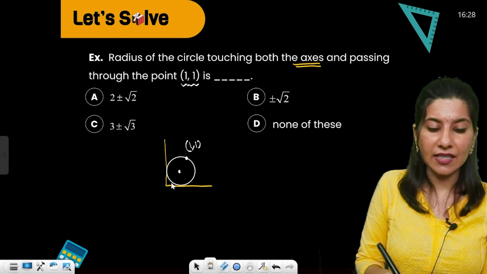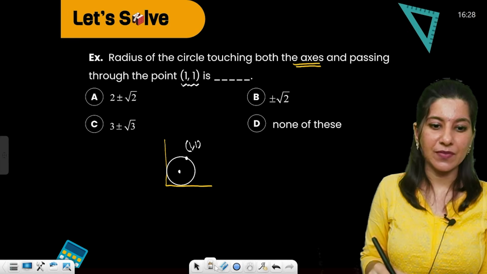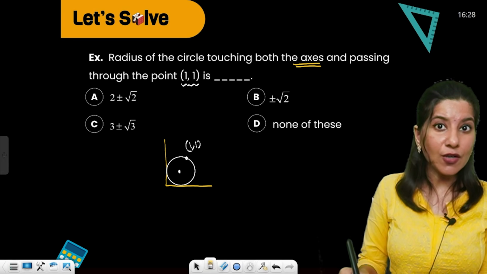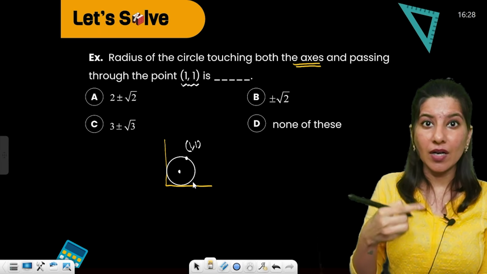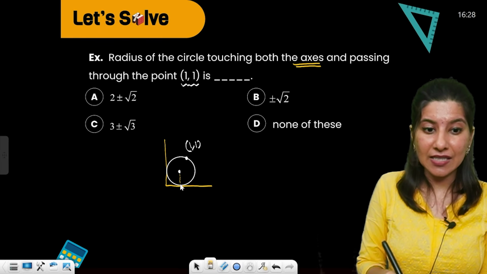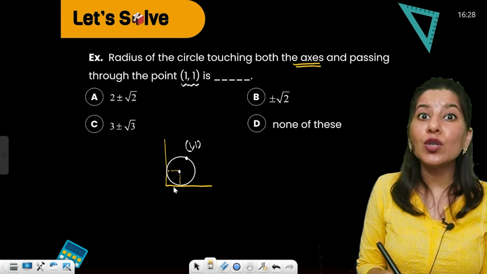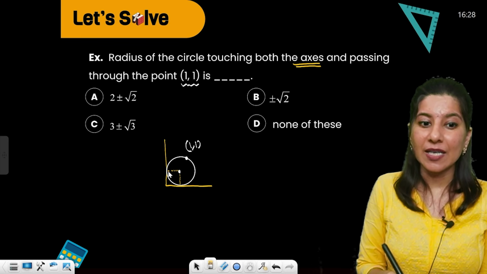By the way, one very important point. Now understand, the center of this circle, which is actually touching both the axes, this distance and this distance will be equal. Right or wrong? Because both are radius.